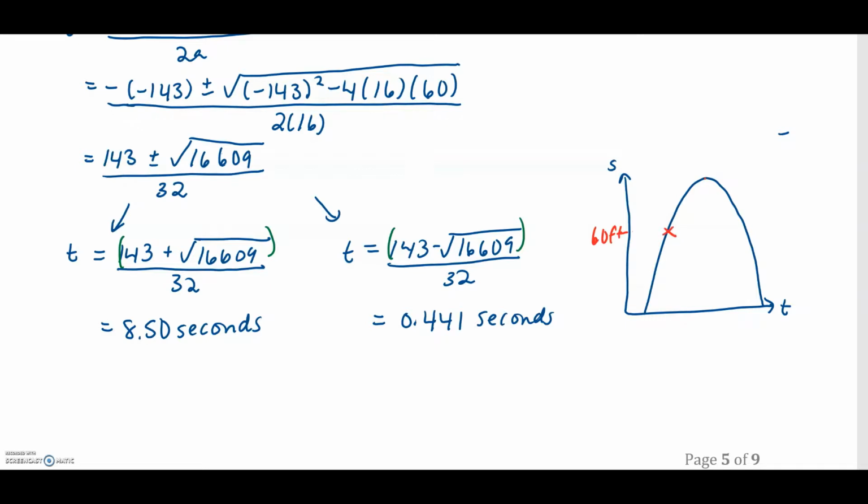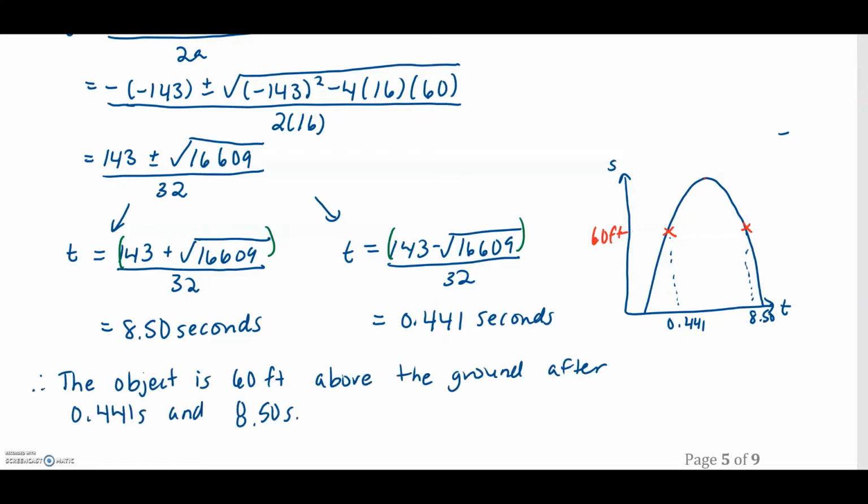So we can see that that occurs at two different values of time, the first of which would be our 0.441, and the second of which would be 8.50 seconds. Therefore, the object is 60 feet above the ground after 0.441 seconds and 8.50 seconds.